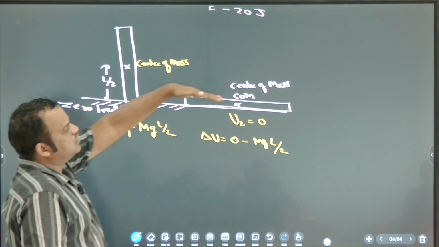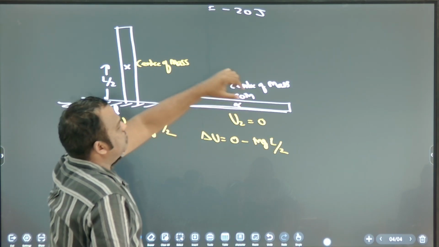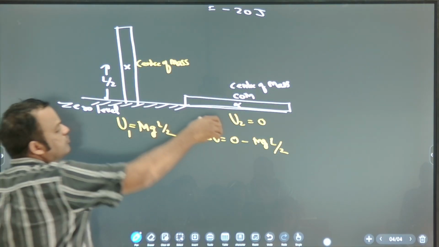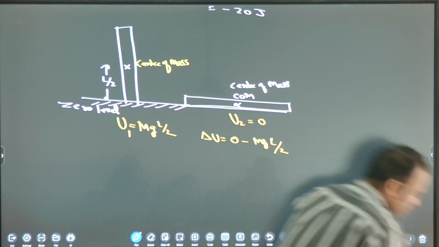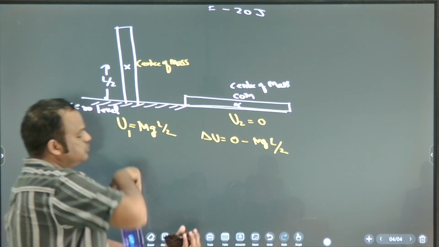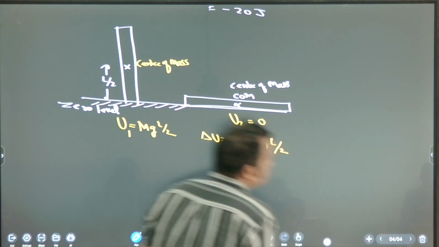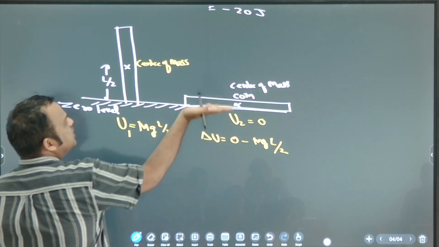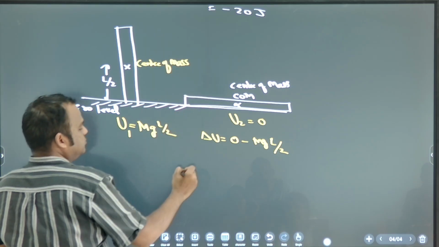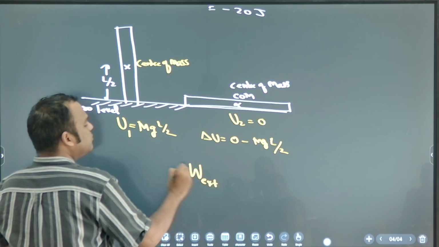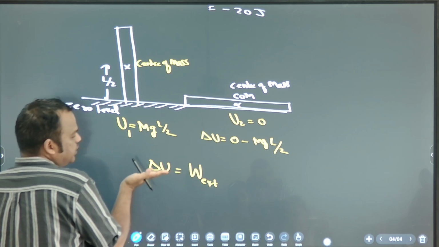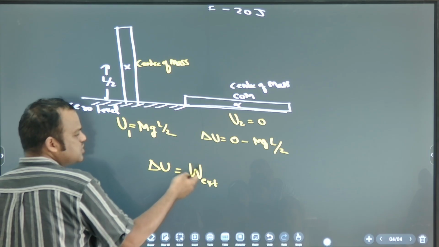Suppose this rod is lying here and you want to make it standing, you have to do external work, right? Like this object, right now it is lying, now you want to stand it. Why do you have to do external work? Because potential energy will increase. External work done is equal to delta U. So to increase potential energy, you have to do positive external work.